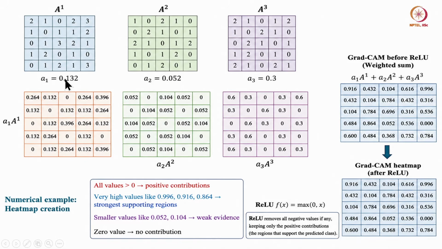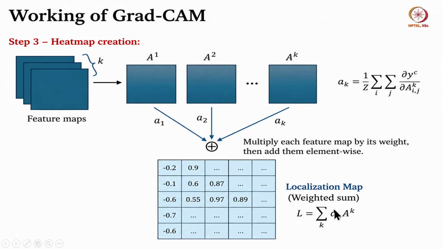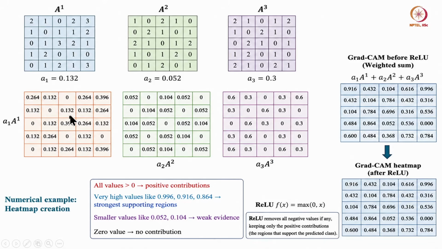This 2 into this 1, 3, 2, and then we obtain this multiplication for one feature map, and then we have to do this for all the feature maps. When you perform this for all the feature maps, you obtain one visualization map, GradCAM before ReLU.